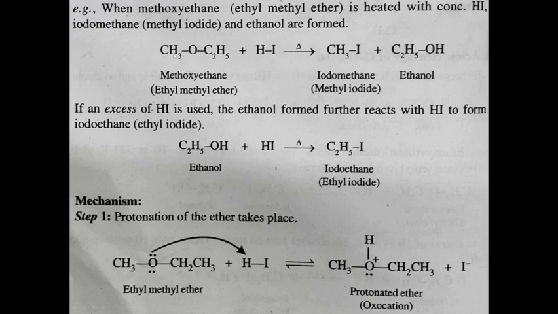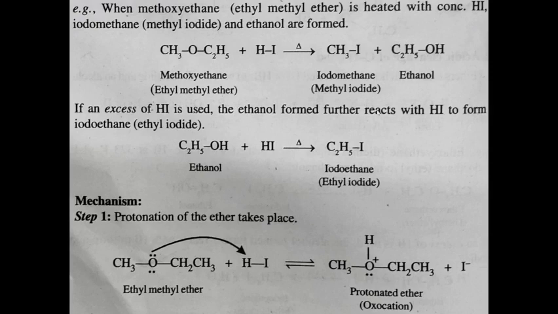The carbon oxygen bond of CH3O gets cleaved, and this forms iodomethane, and the rest of this part will form ethanol, an alcohol. So effectively we get two products: one is an alkyl iodide or alkyl halide, and another one is an alcohol.